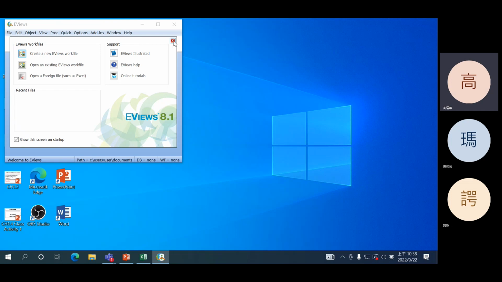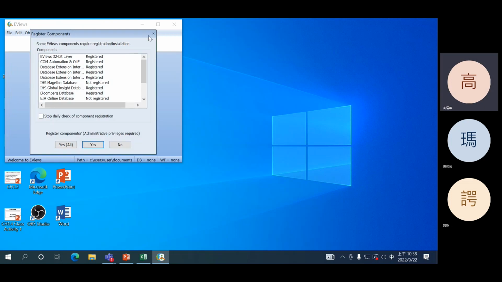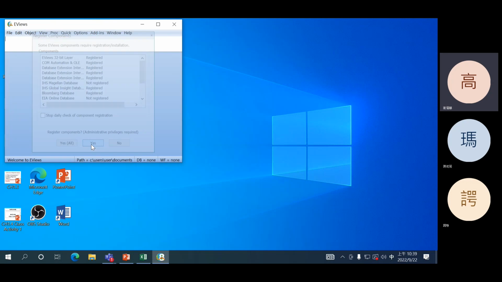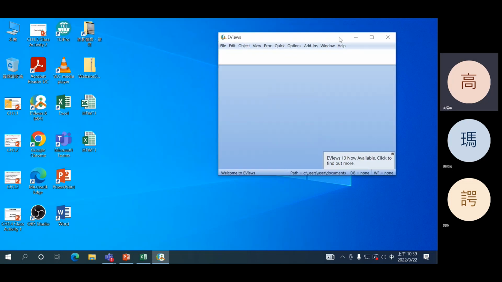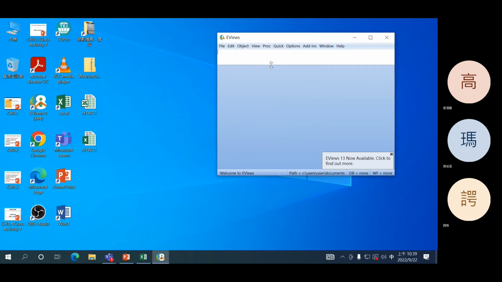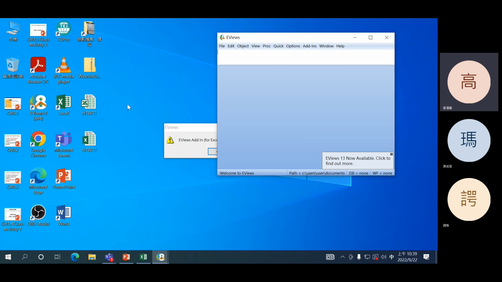Register components. I just say yes. Okay, you can open the eViews.